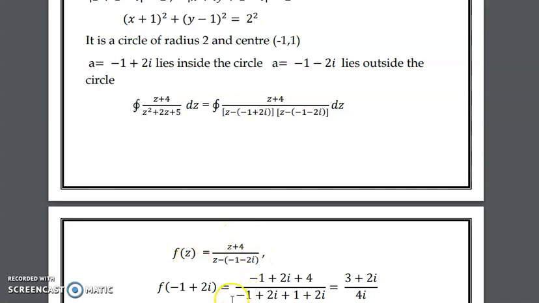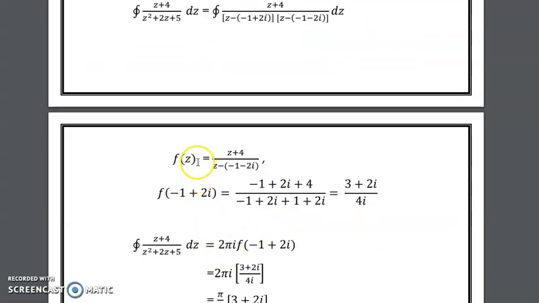Replacing z by the point minus 1 plus 2i, we substitute: minus 1 plus 2i plus 4 divided by minus 1 plus 2i plus 1 plus 2i. So 2i plus 2i is 4i, and minus 1 plus 1 cancel. Here 4 minus 1 is 3 plus 2i.